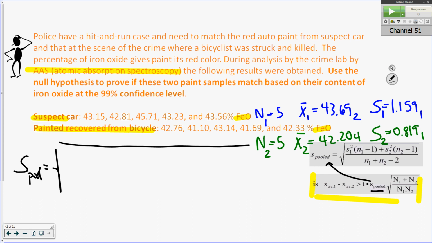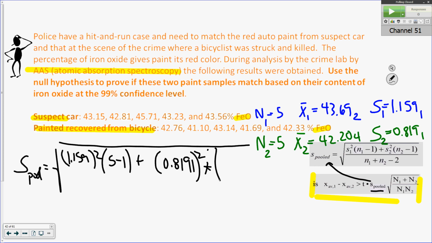So standard deviation 1 squared, times 5 less 1, which is going to be 4, plus standard deviation 2 squared, times, again, 5 less 1, which is going to be 4, divided by total number of replicates, which is 10. There's 2 data sets, so 10 less 2, down the bottom I've got 8.